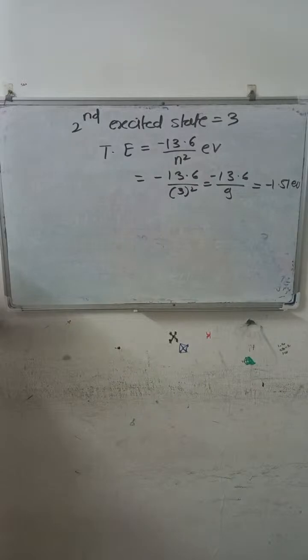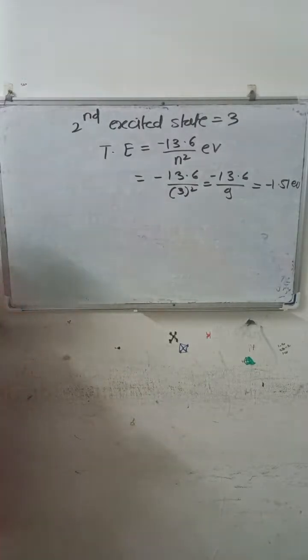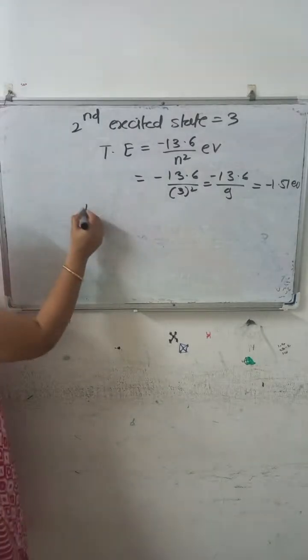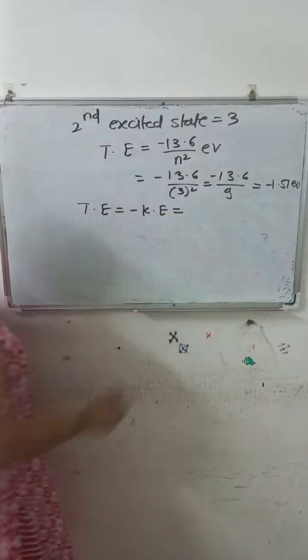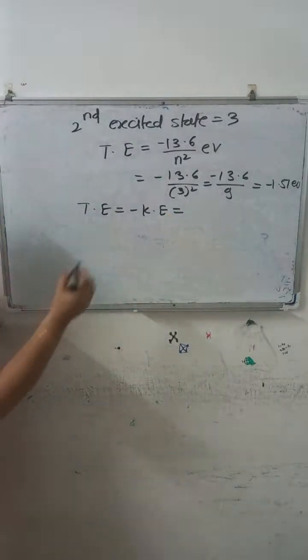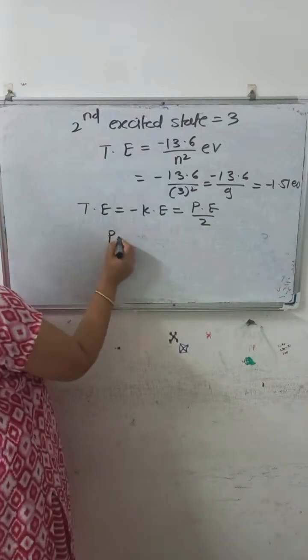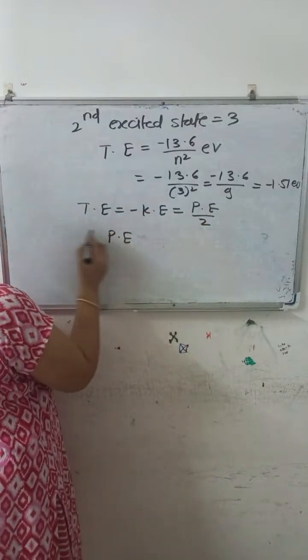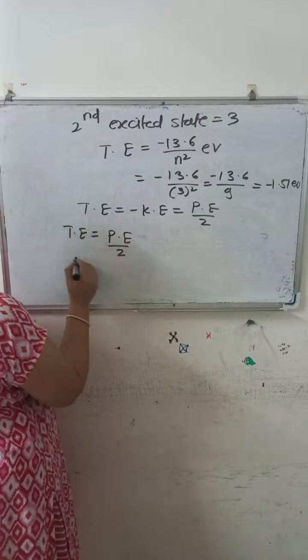They are asking for potential energy, and we know one relation. Total energy is nothing but minus kinetic energy, and that is equal to potential energy by 2. So we are interested in potential energy. You can write total energy is equal to potential energy by 2.